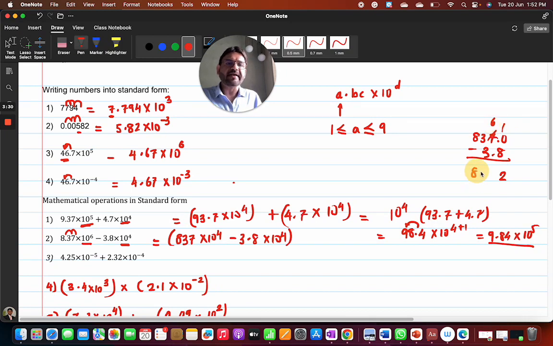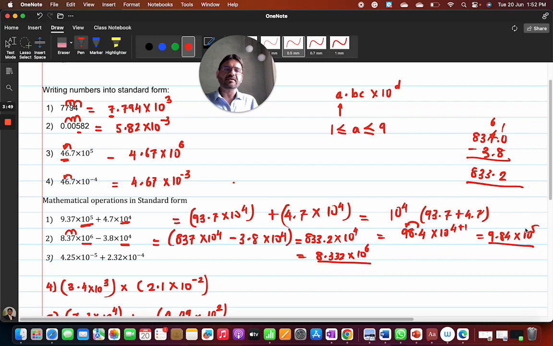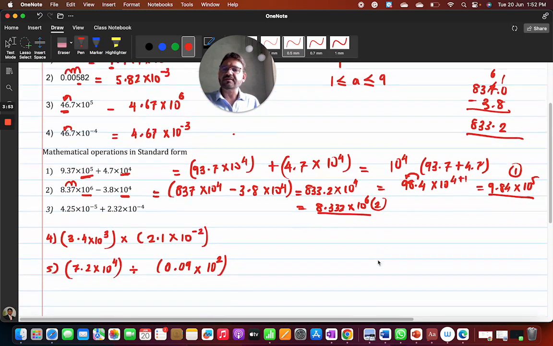So you have 833.2, correct? So this would be 833.2 into 10 raised to 4. So that will make it 8.332 into 10 raised to 6, is my answer. So that's the answer for the second one. This is the answer for the first one. This is the answer for the second one.